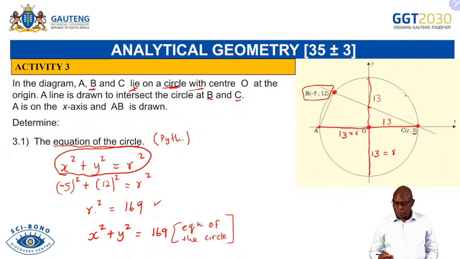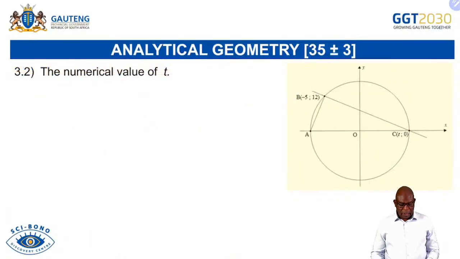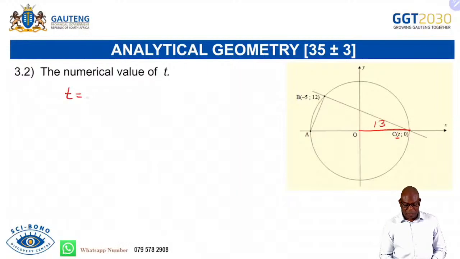Okay, right. The next question says, the numerical value of t. I think I gave out the answer before. Okay, what will be the answer there? So I hope everybody can give us the answer there. From there to there, it's a value of x, so it will be 13 units. So the value of t, I just write t equals 13, just like that.